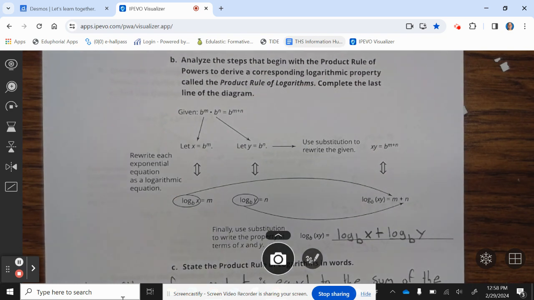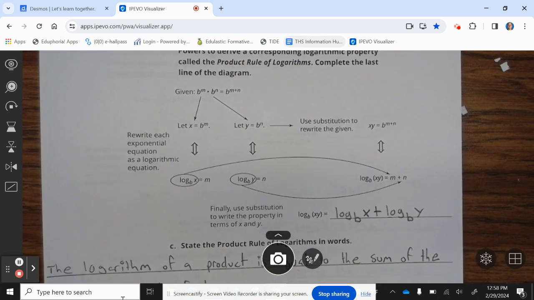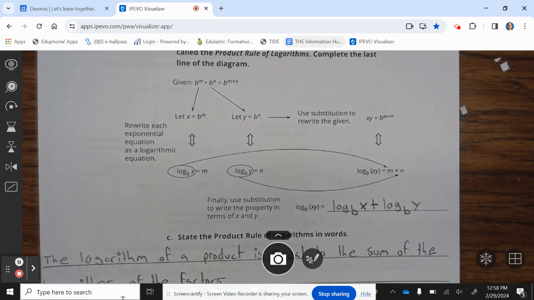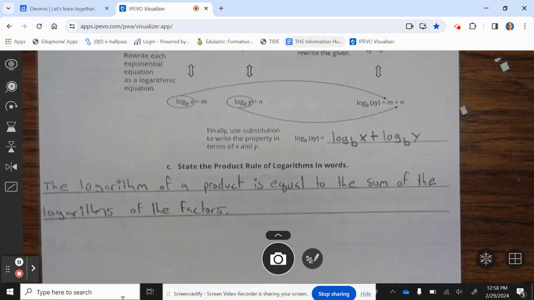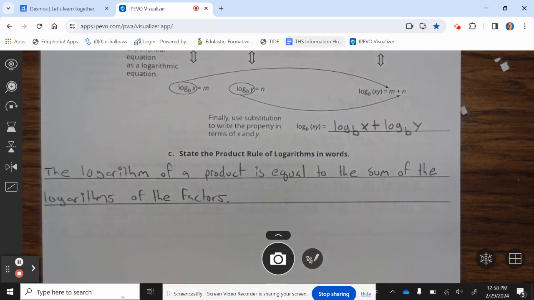B. Analyze the steps that begin with the product rule of powers to derive the corresponding logarithmic property, called the product rule of logarithms. Complete the last line of the diagram. All right, go ahead and read over the diagram. All right, let's take a look at C. State the product rule of logarithms in words. The logarithm of a product is equal to the sum of the logarithms of the factors.